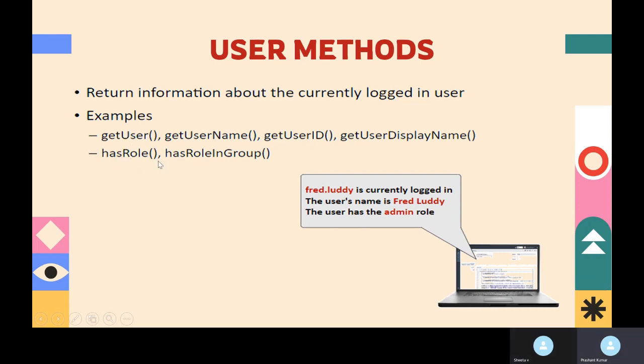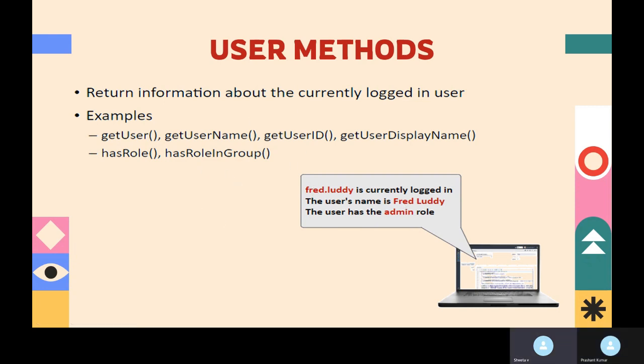Just typing gs.hasRole. And if you see, they have written some code here, and they have fetched getUser or username. They have checked whether the current logged in user has admin role or not, fetching it using those methods.